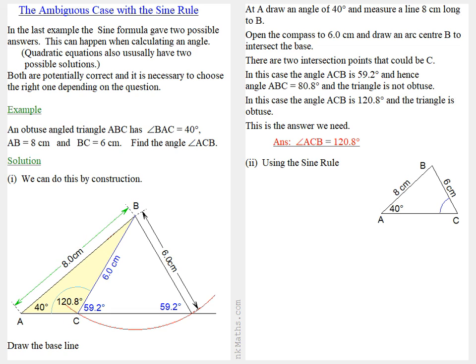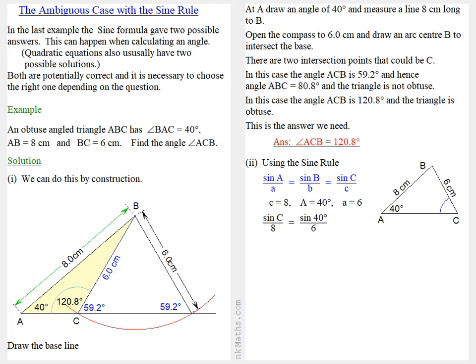Now if we solve the problem using the sine rule, we'd have sine A over a equals sine B over b, which is equal to sine C over c. In this case, the side c is equal to 8 centimetres, the angle A is 40 degrees, and the side a is 6 centimetres. So sine C over 8 is equal to sine 40 over 6.